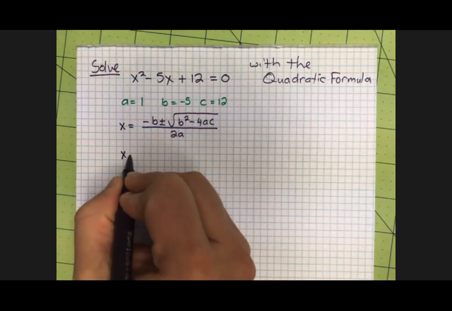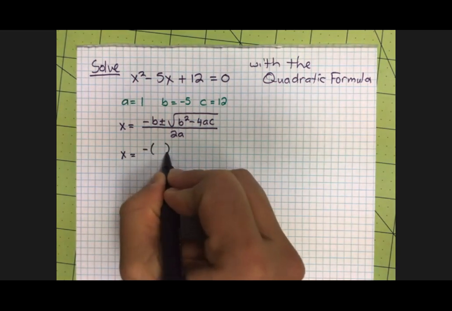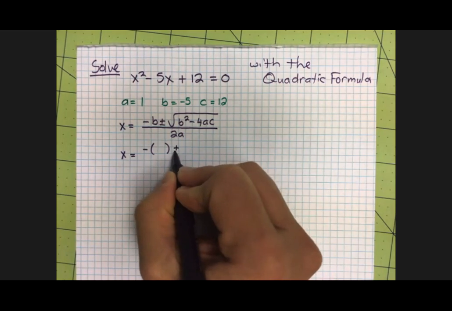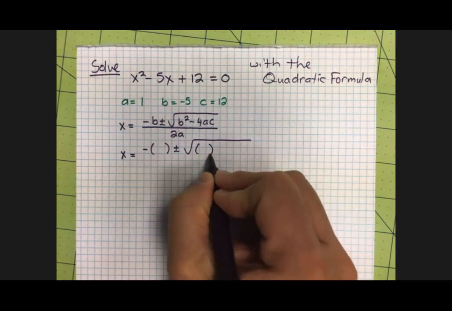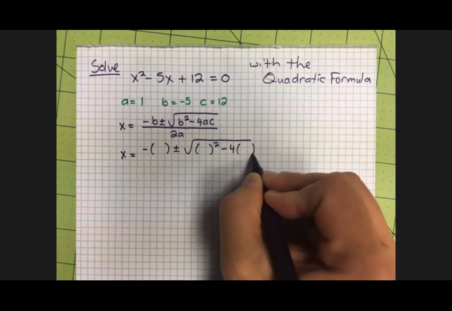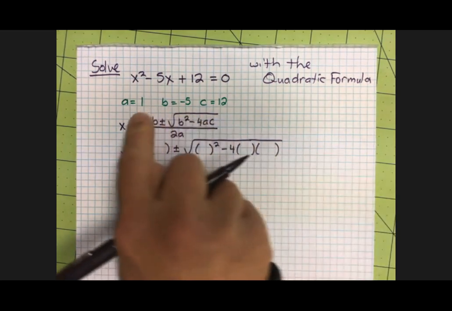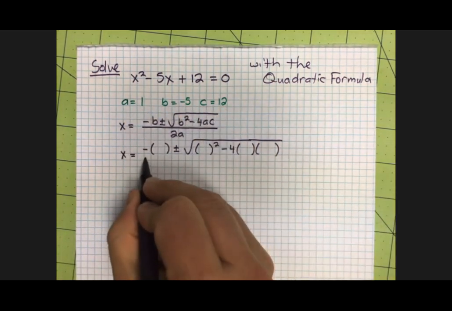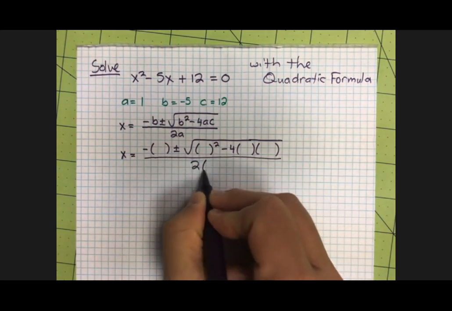Step 3, I'm going to rewrite it and let myself have plenty of space with parentheses for all the numbers I'm going to insert. And this is mostly to protect me when I have to put in minus signs. That's what this is good for.